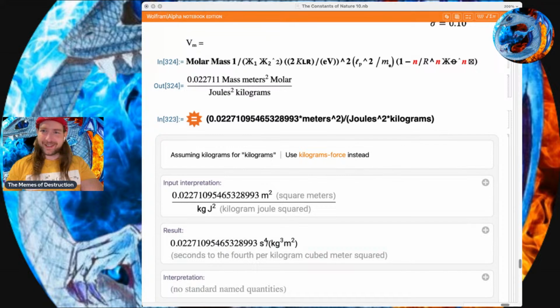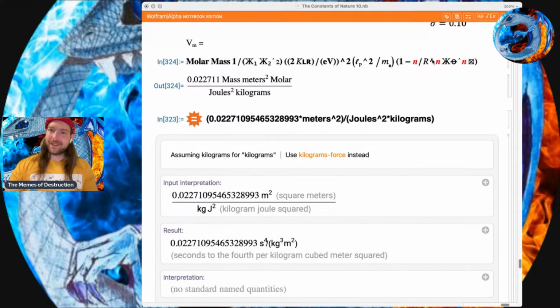Alright, so I got seconds to the 4th. Seconds divided by... Hold on. God, it's so messy. Kilograms to the -3 and meters raised to the -2. So that is like the best thing for me to try to learn things. Wait a second, what are you doing?